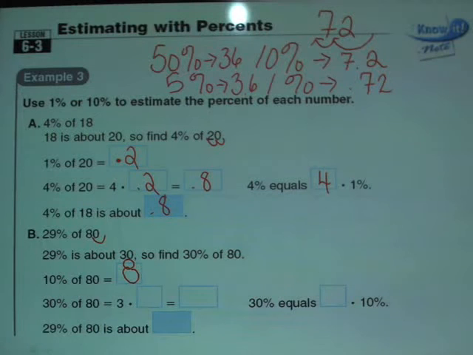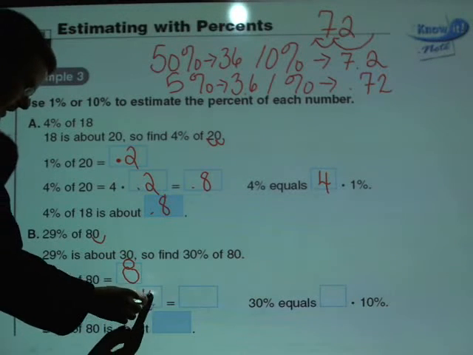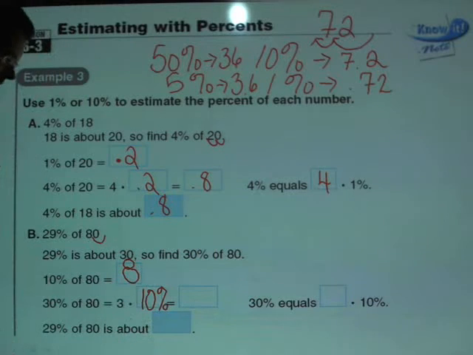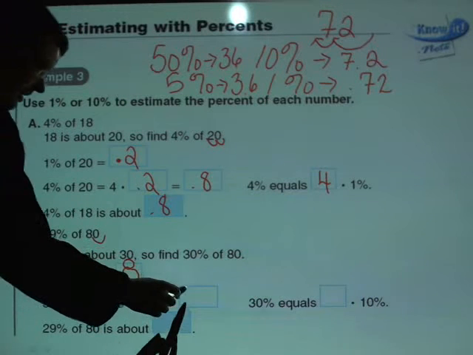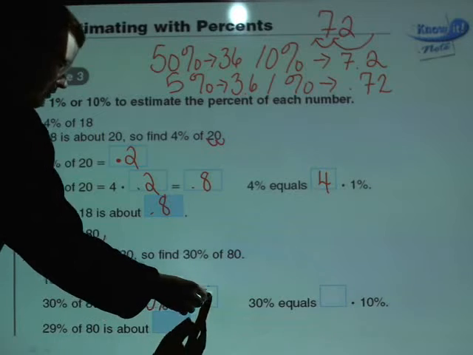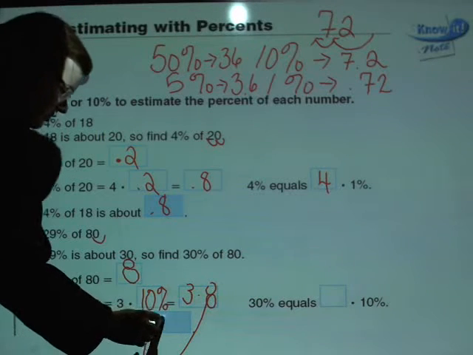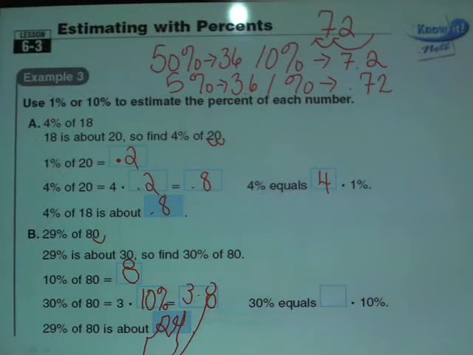So really they're doing 30% of 80, or 3 10%s. Because, of course, 3 10%s would be the same as 30%. Or in this case, 3 times 8, 10% equaling 8, so 3 eights, which would be 24.